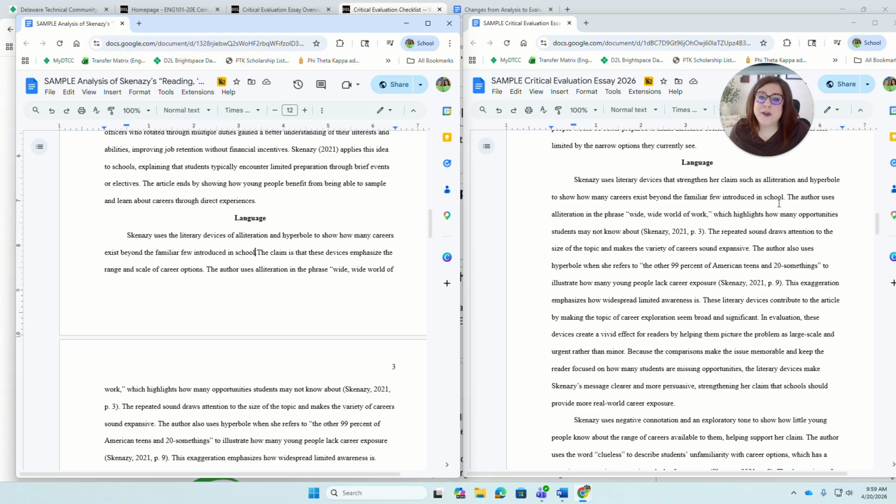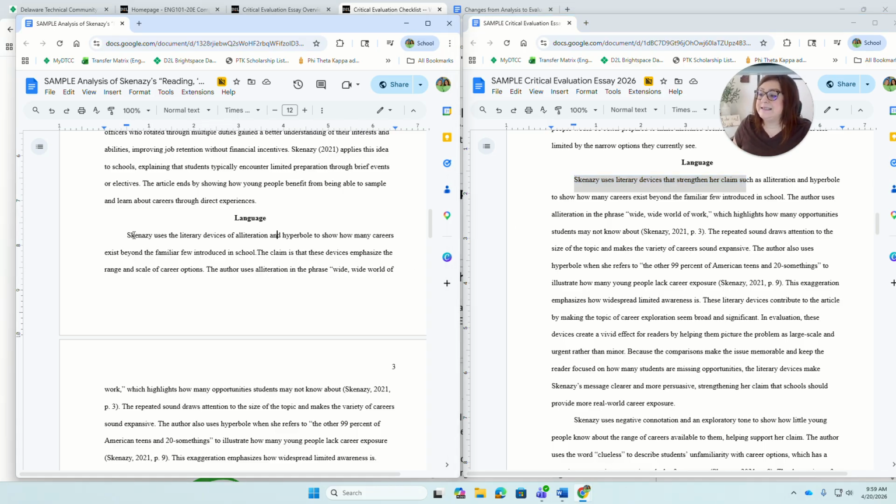Now take a look at language in the evaluation. Skenazy uses literary devices that strengthen her claim. Strengthen her claim is really what the evaluation is. So telling me that this concept makes it weaker or stronger is exactly what you need to add in to every single claim sentence.